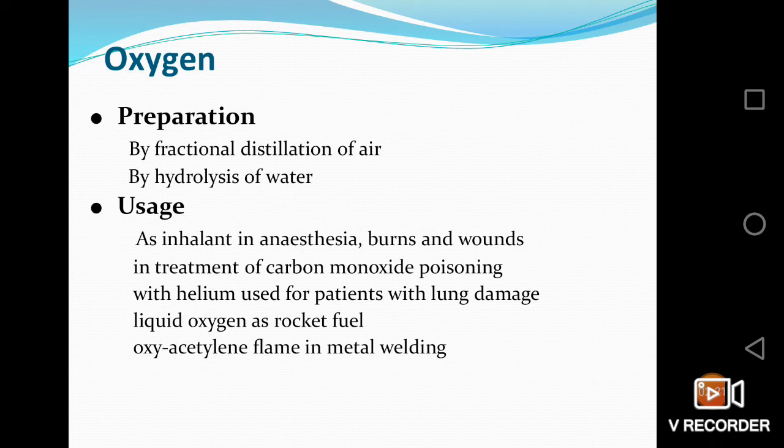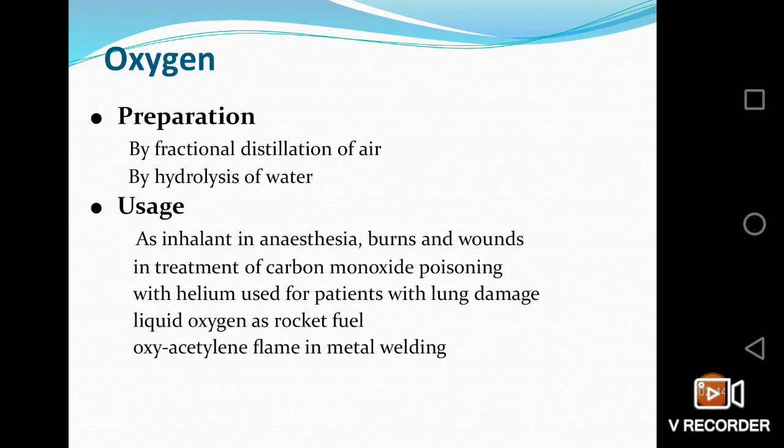While going for the usage of oxygen, the very first use is as an inhalant in anesthesia, burns, and wounds. It is used in treatment of carbon monoxide poisoning along with carbon dioxide.